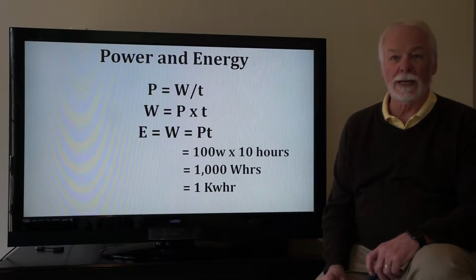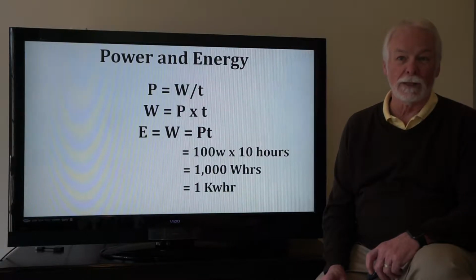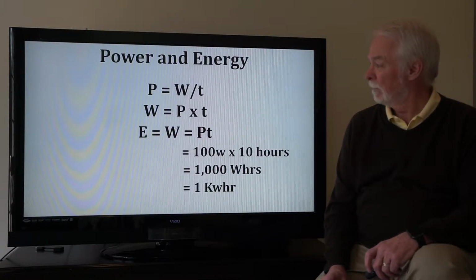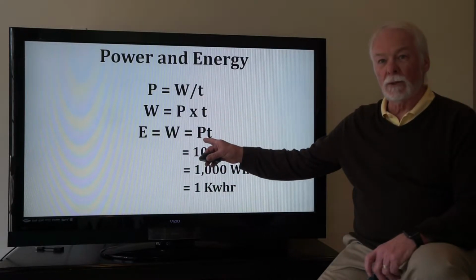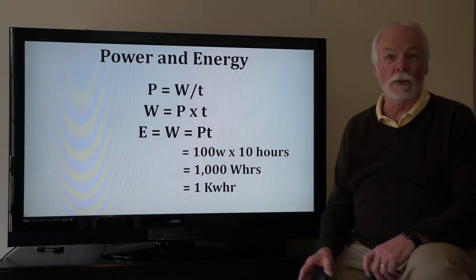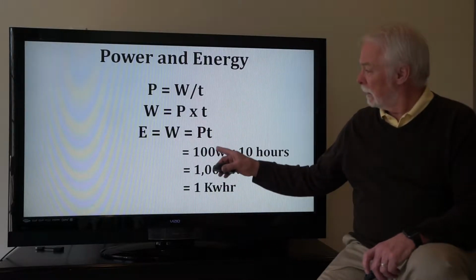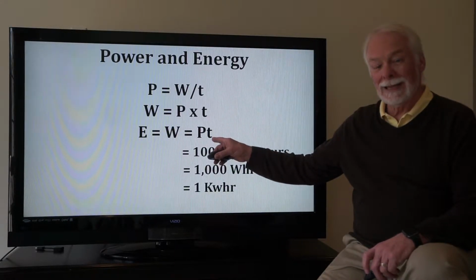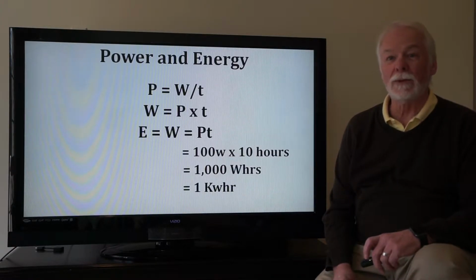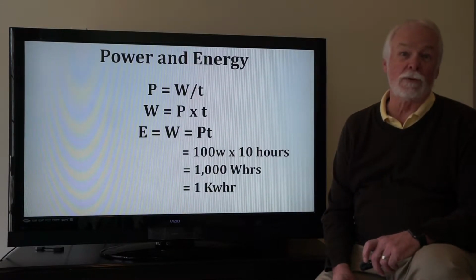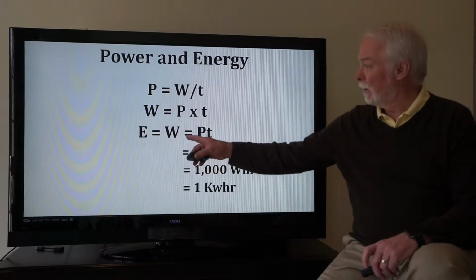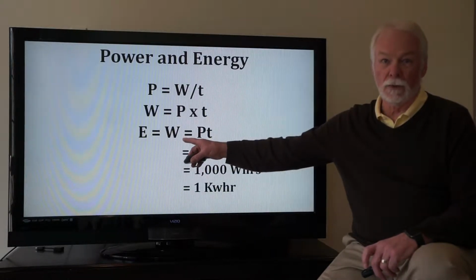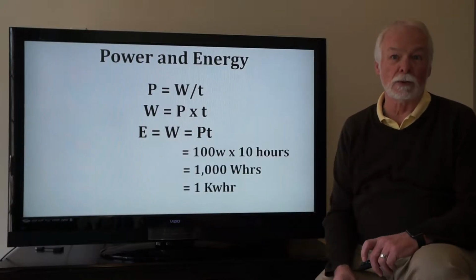As you can see in this rearrangement of the equation here, power, which is the rate of doing work, times T, the amount of time that rate of work is performed, yields the amount of work done, or the amount of energy produced or consumed.